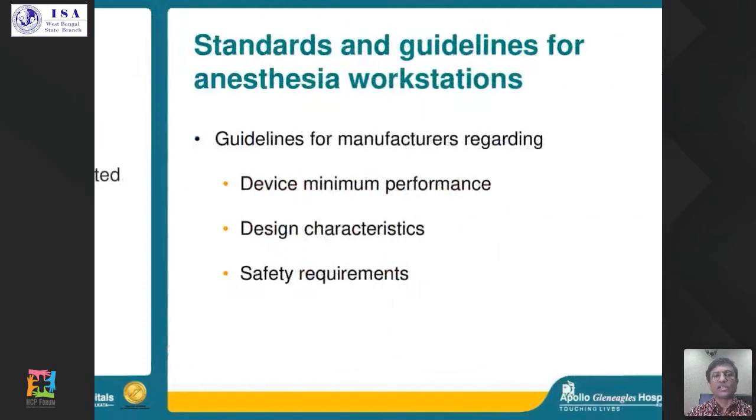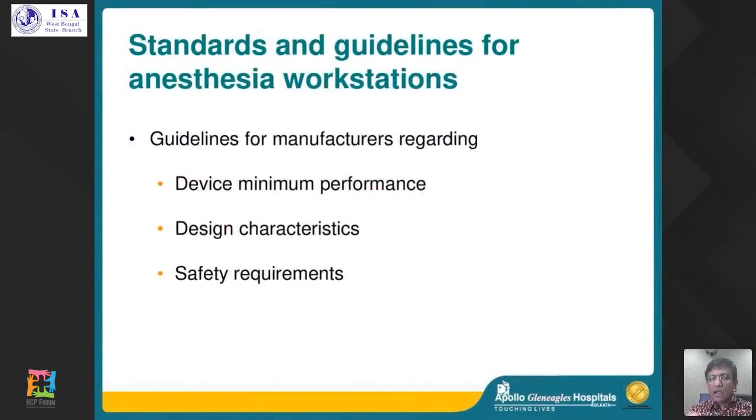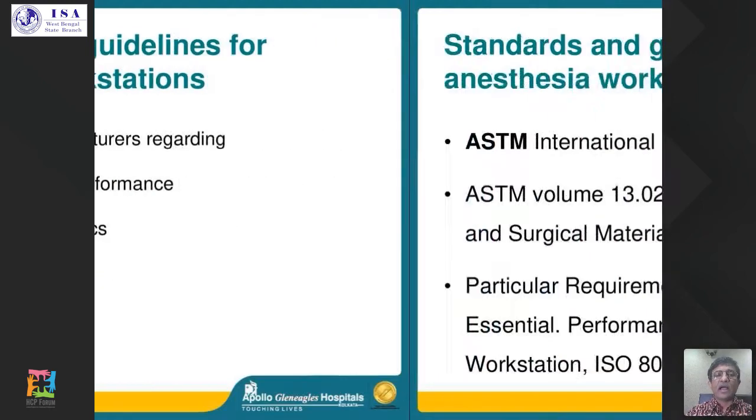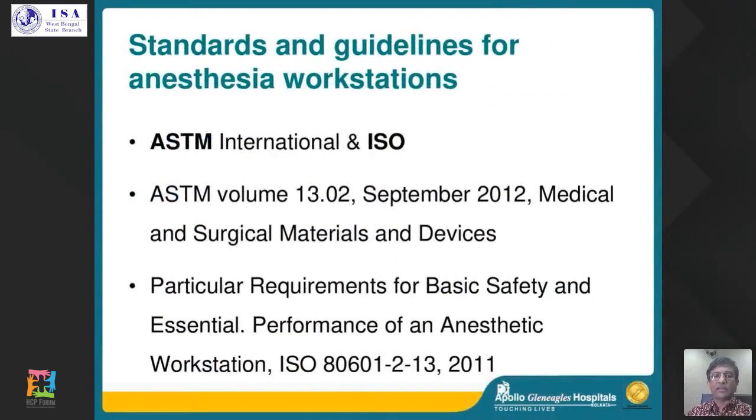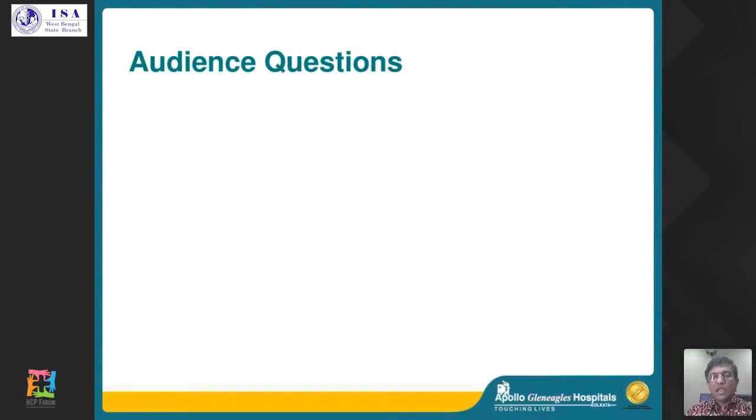So this is what today's workstations do, and how they perform, what should be the design, what is the minimum safety requirements that you need, are given by the American Society for Testing and Materials and the International Standards Organization. How the anesthesia machine should look like was given in 2012 by the ASTM as well as by ISO in 2011, and most modern machines have to adhere by their guidelines.